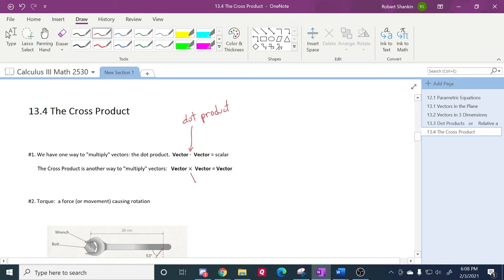And when we're in the world of scalars, a dot and an x mean the same thing. They mean multiply. But in the world of vectors, they don't. This is called the cross product. So we're going to have two ways to multiply vectors.